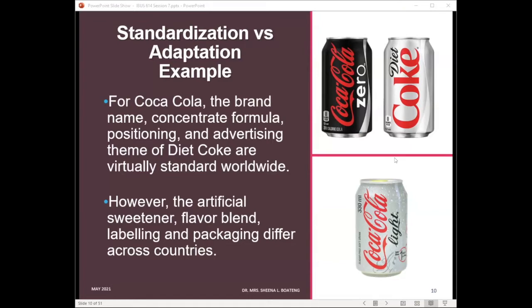And you will realize that a lot of this adaptation is based on a number of factors, some including legal and regulatory factors, like for instance, the concept of Coke Zero, Diet Coke, and Coke Light.